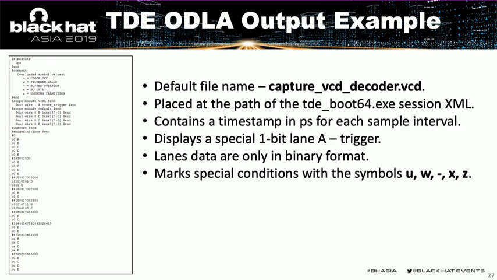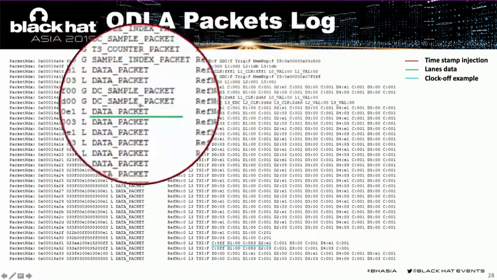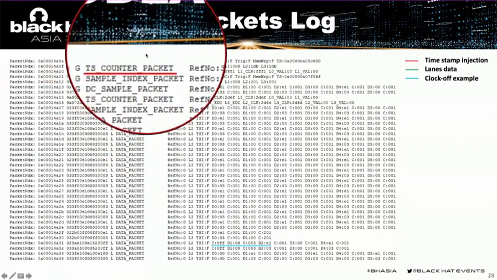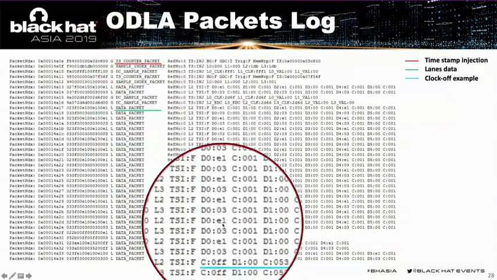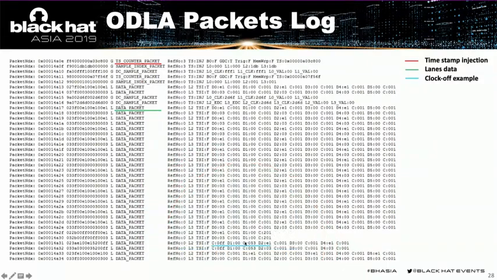At least we have written a special Python script displaying for signal lanes their values also in hex format. On this slide, we have placed the trace decoder engine log for the on-die logic analyzer. We specifically marked the timestamp injection packet and the native clock of the detection condition by the on-die logic analyzer.